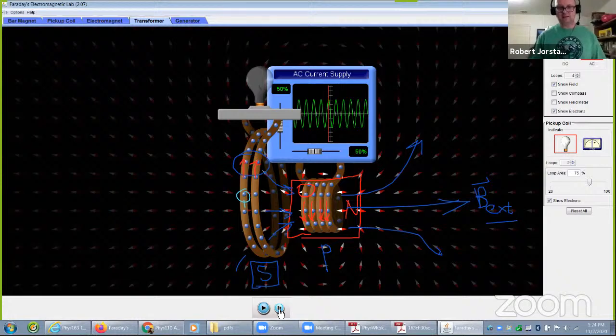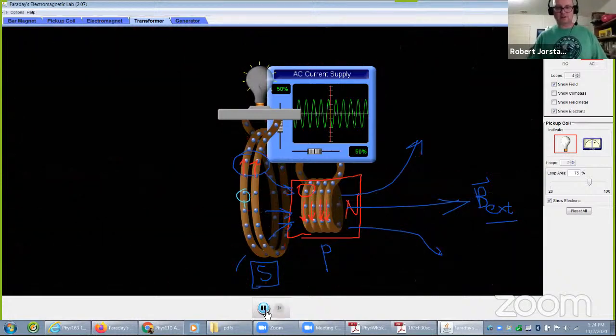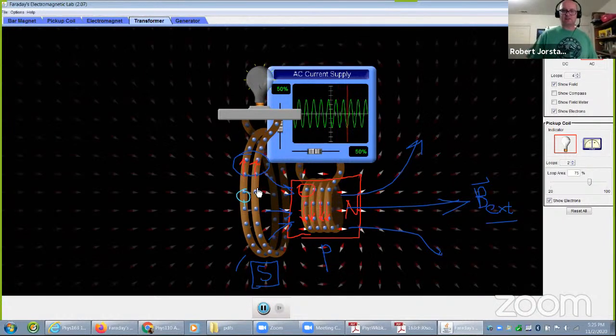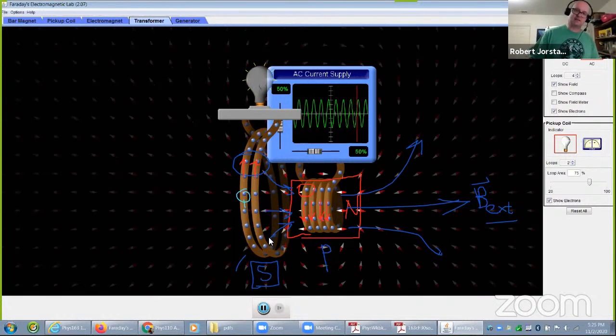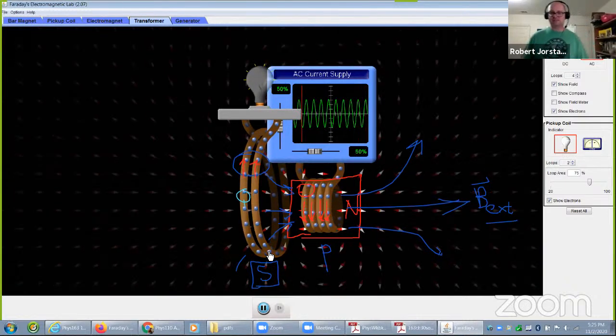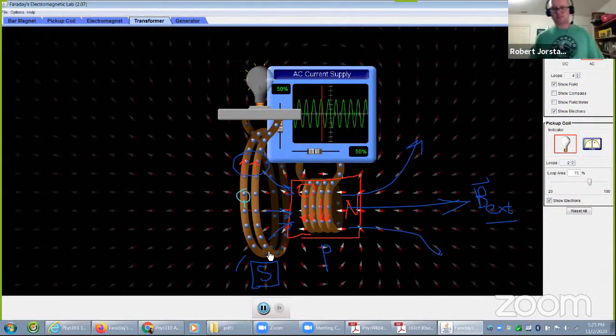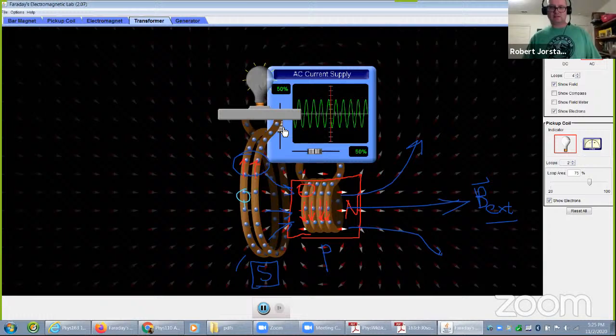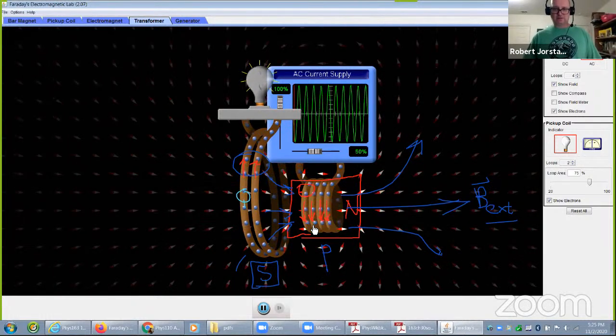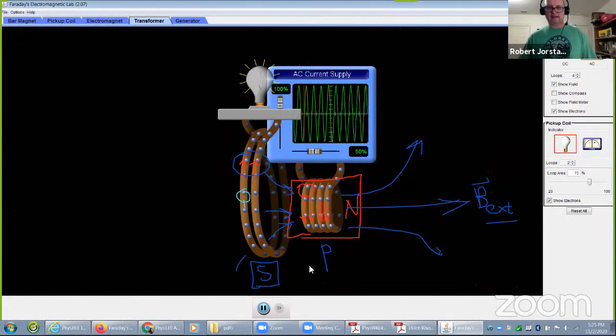They did. So now just watch the motion of the electrons. There's a little bit of a lag there. And notice these electrons don't move as much. The electrons in the secondary, the larger coil, do not move as fast as the electrons in the primary, and that's because the power transfer isn't perfect. But what we could do is jack up the amplitude, and it's more dramatic.